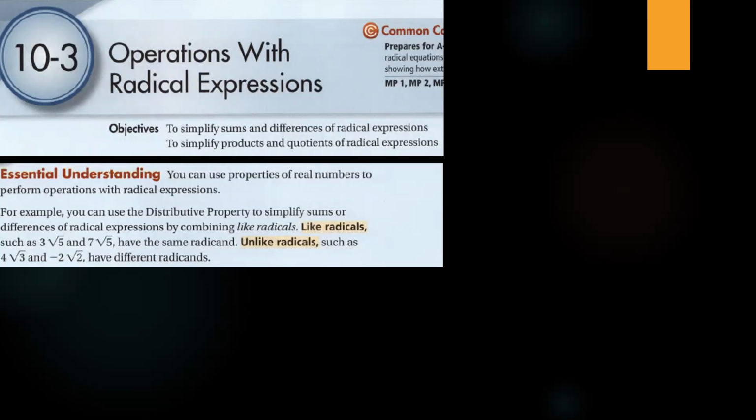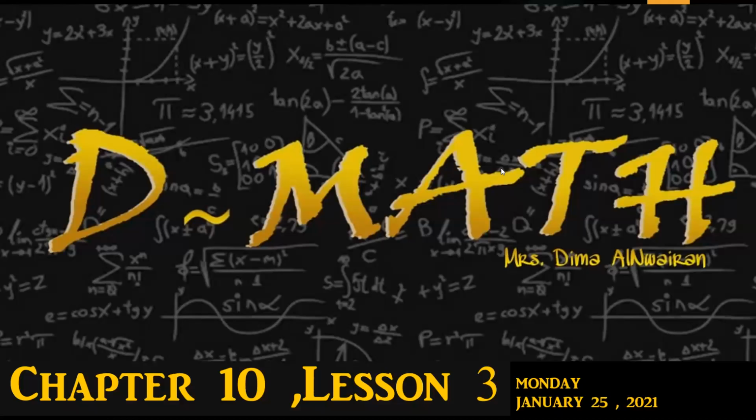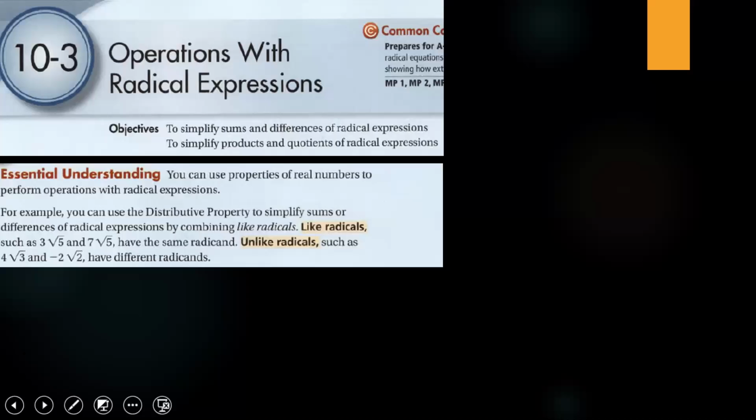Such as, if you have 3x plus 2x, both of them are multiplied by the same variable. Is it right? 3 is multiplied with x and 2 is multiplied with x.